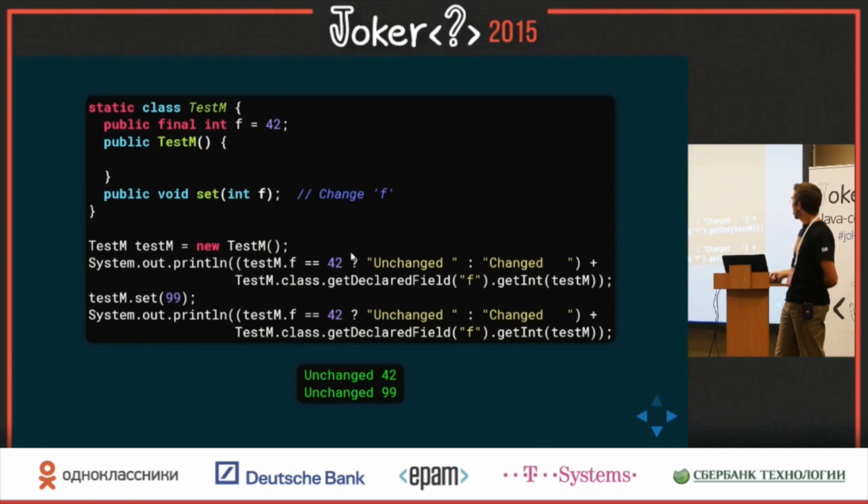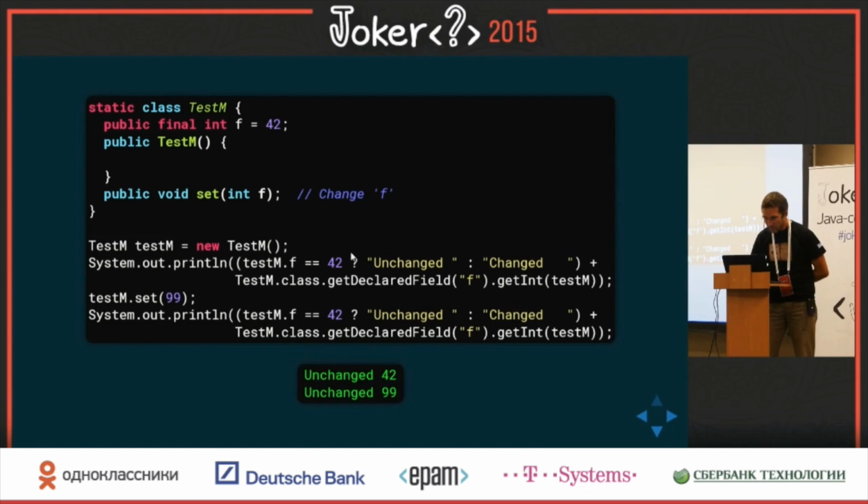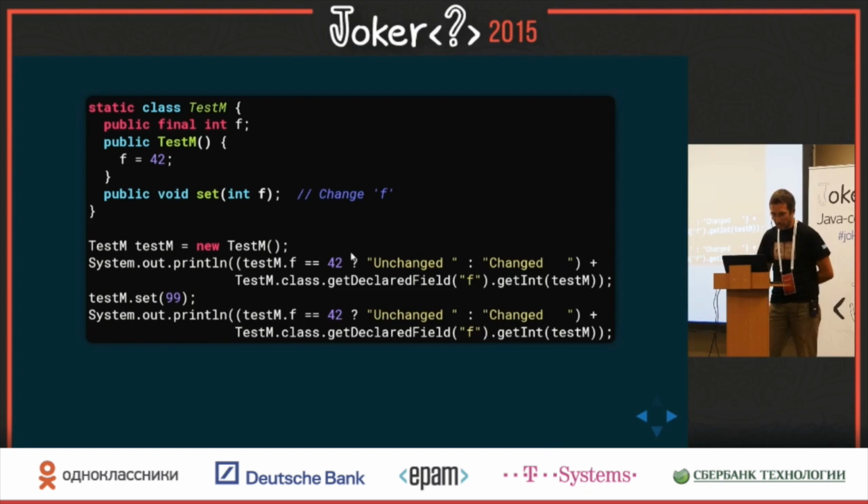So that's actually was not only for fun that I used reflection here, but also to have a good example. Because when I had used here TestM.f, we would also get here 42. So this is actually nearly the same example.